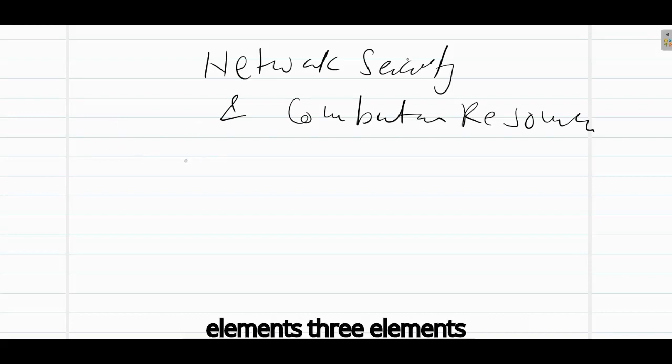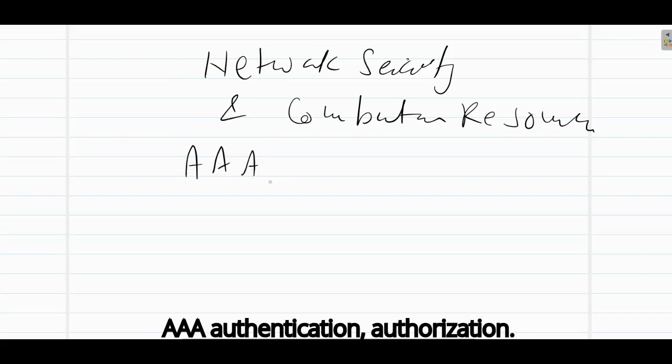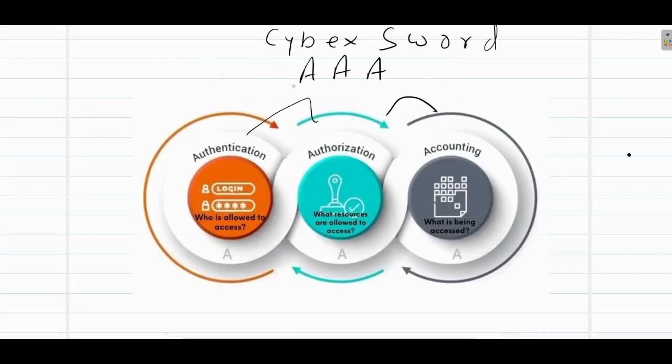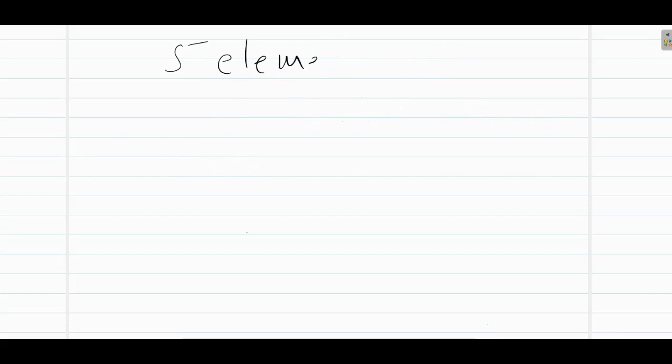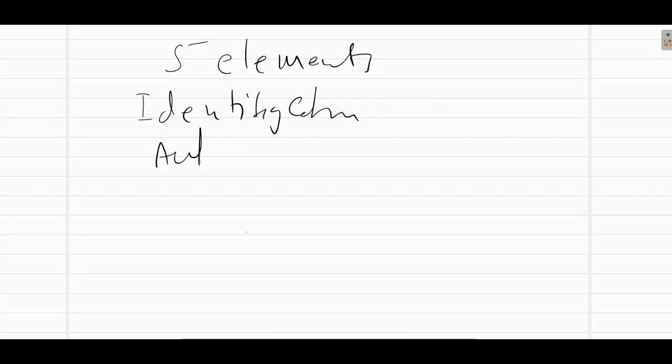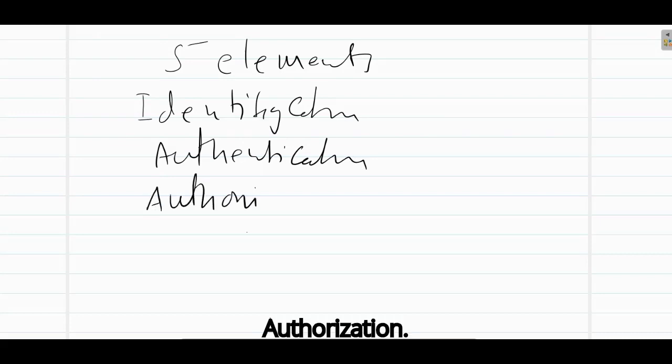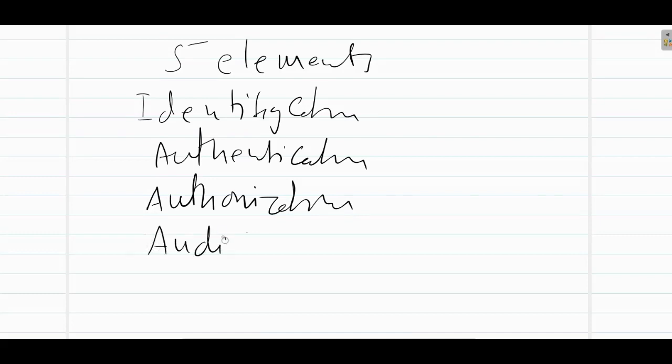Although it has three elements in the acronym, it actually refers to five elements: identification, authentication, authorization, auditing and accounting.